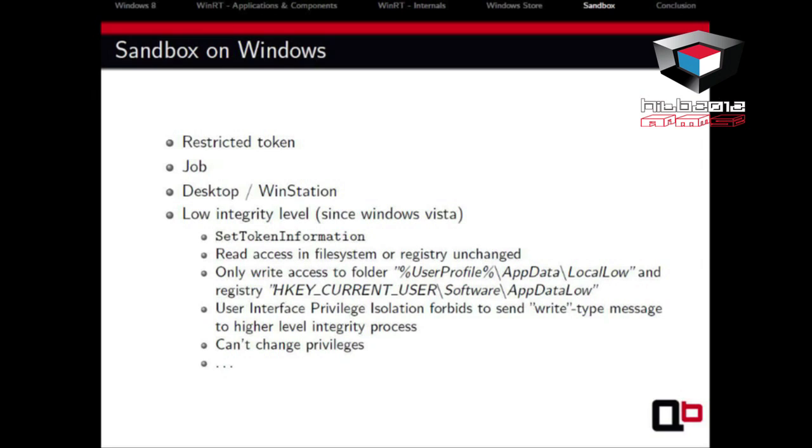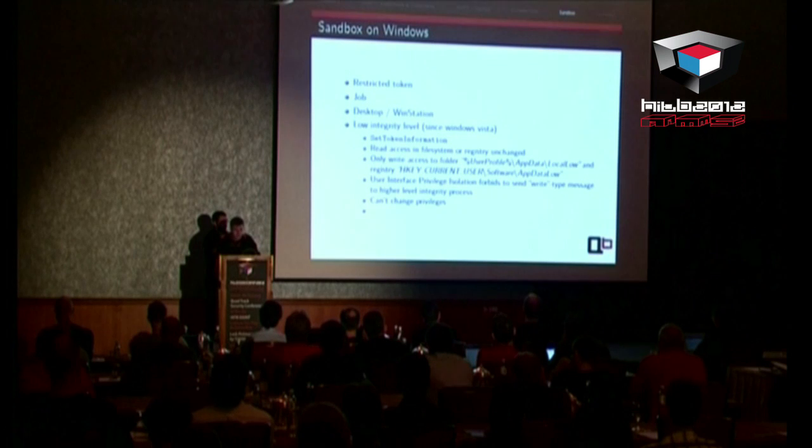And finally, since Windows Vista, Microsoft designed the integrity levels. Usually, applications run with a medium level, but if you set it to low, it restricts access to only certain folders, AppData\LocalLow for the current user, and in the registry, Software\AppDataLow, once again for the current user.